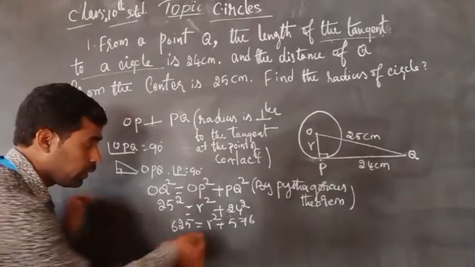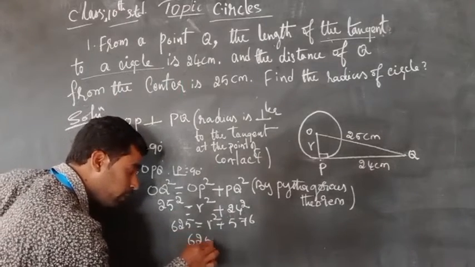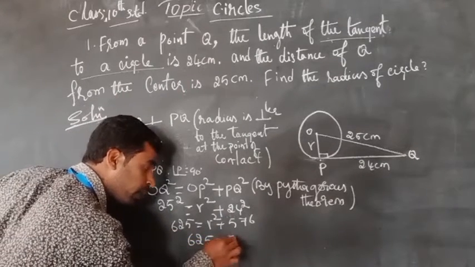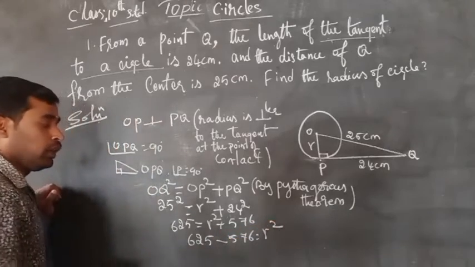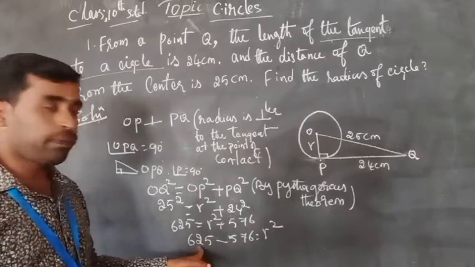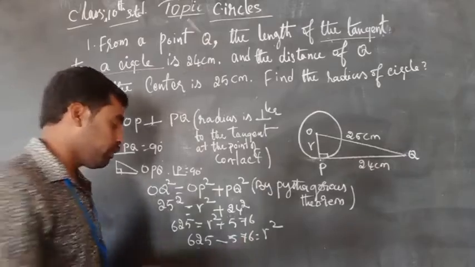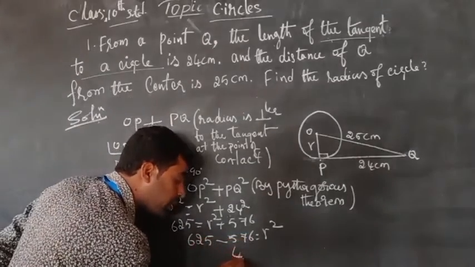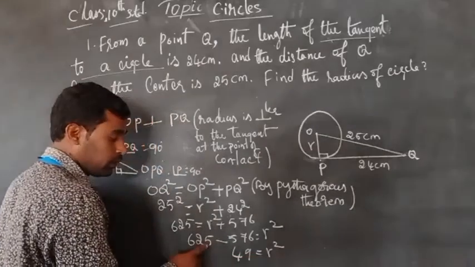Now I'll transfer 576 to the LHS. 625 minus 576 is equal to R square. If you subtract, you get 49, which is equal to R square.